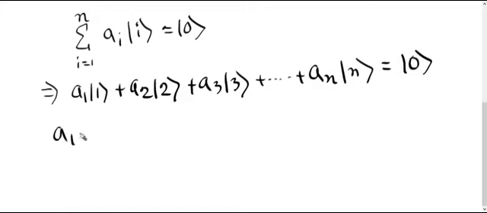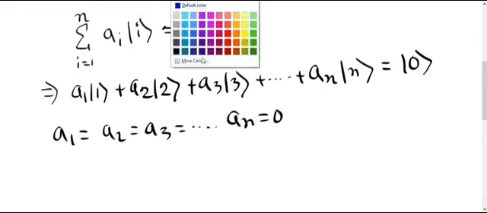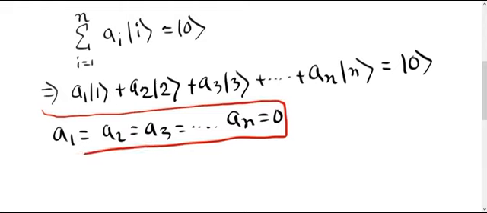And if a1 equals a2 equals a3 equals ... equals an equals 0, this is the condition we call the trivial case.